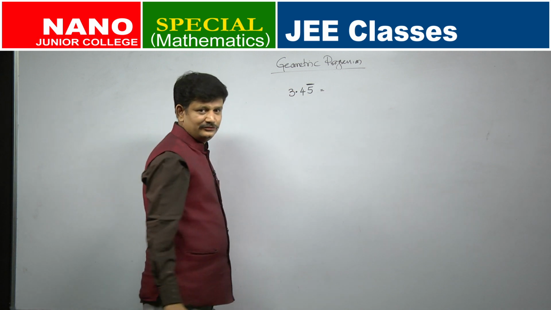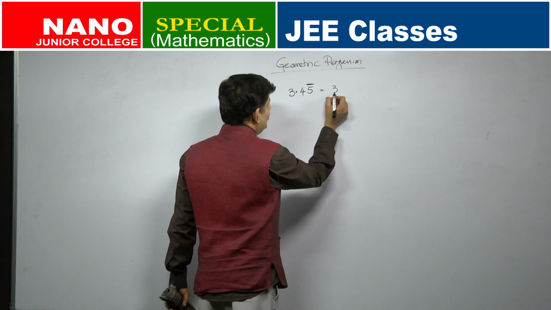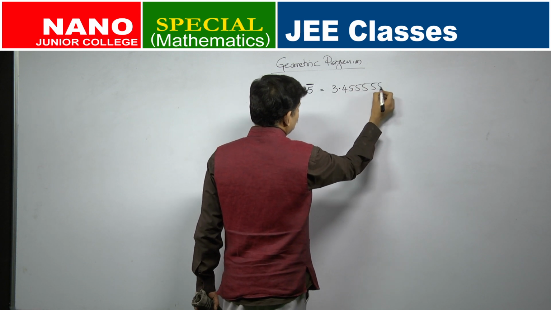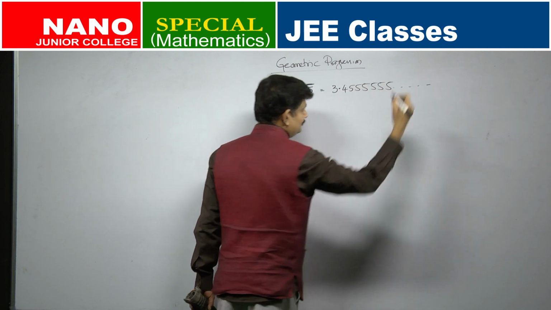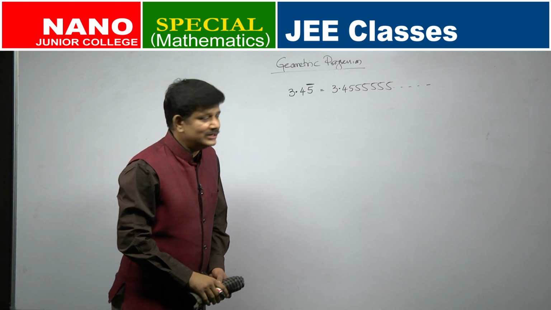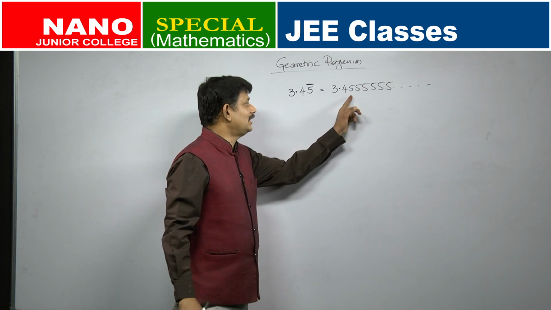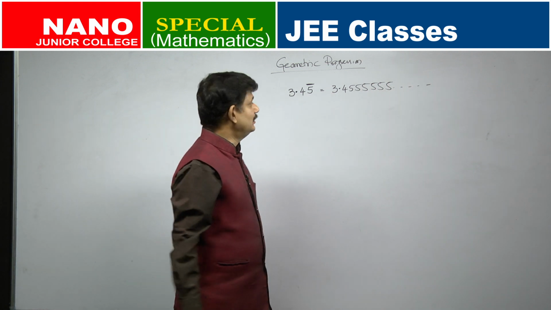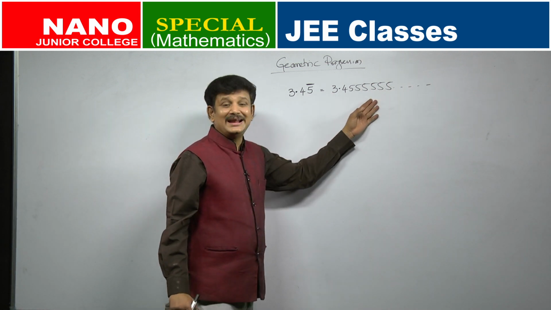The bar is only on 5. You have to repeat writing 5 how many times? Infinitely many times. Now, is this a rational number or an irrational number? This is a non-terminating decimal. This will not end, non-terminating decimal.